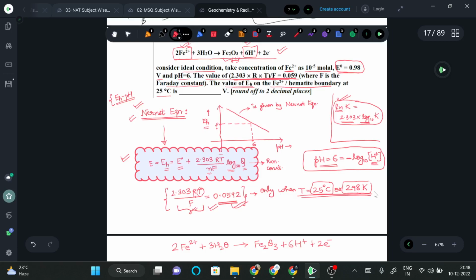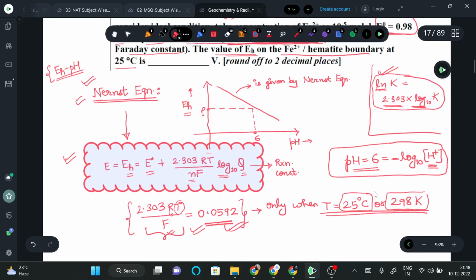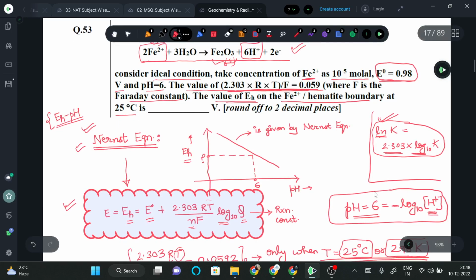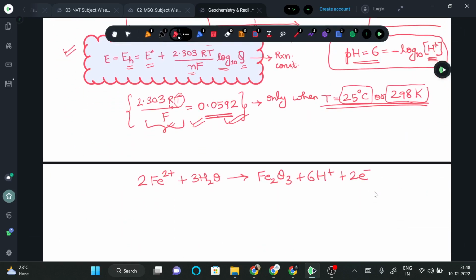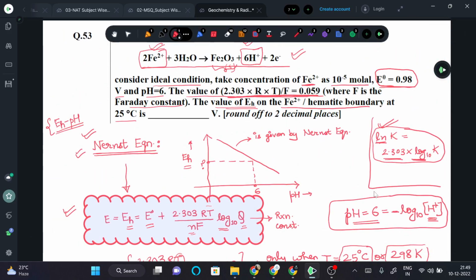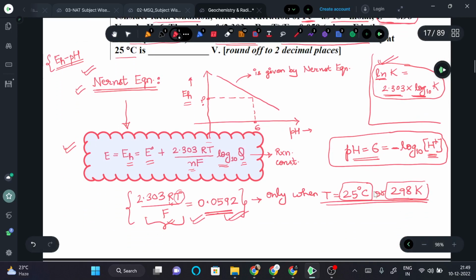Okay, so this is the reaction that we have over here. Fe2 plus concentration, we already know it is 10 to the power minus 5. Okay, I will write all the values over here. Fe2 plus concentration is 10 to the power minus 5. pH is 6. Also, what else is given? E naught is given 0.98 volts.